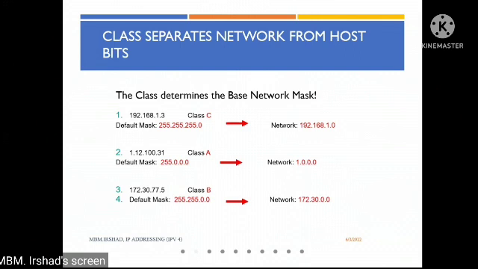Then if you look at the second one, 1.12.100.31, this is from class A, with the range 0 to 127, as we discussed yesterday. The default mask is 255.0.0.0, so you can decide the network ID.